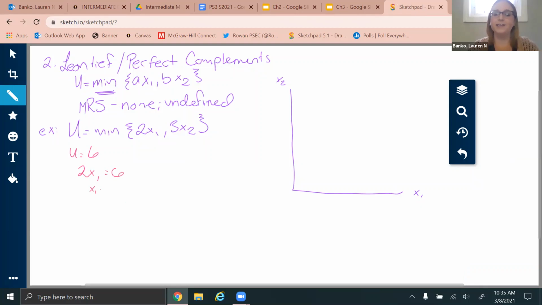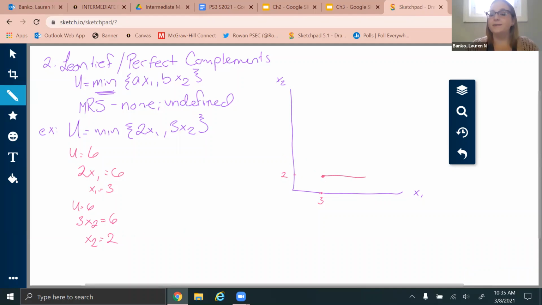We solve for x1, and that's 3. I'm going to put a little mark on my graph for 3. Do the same thing for the 3x2 and equal that to 6. x2 is 2 here. And we have a point there from what we just did by setting them both equal to 6.